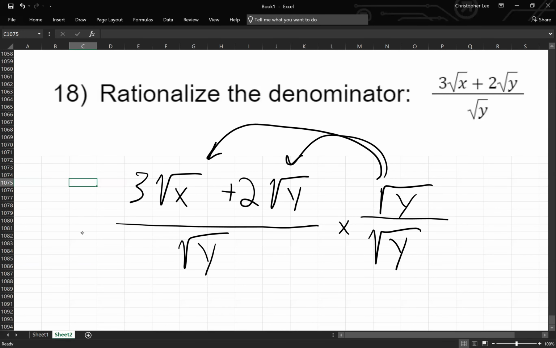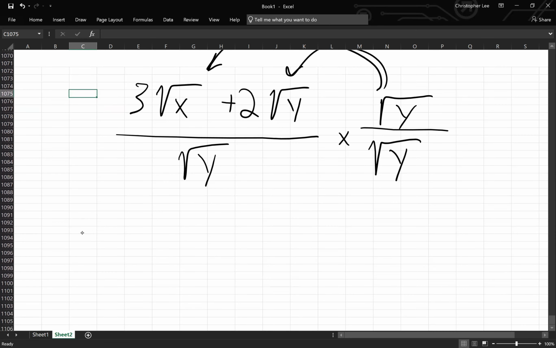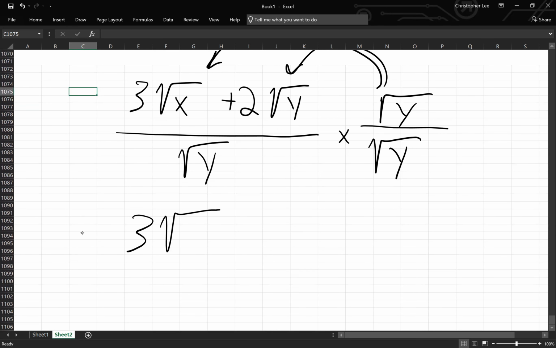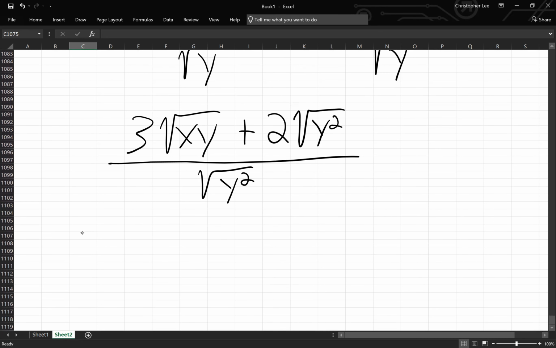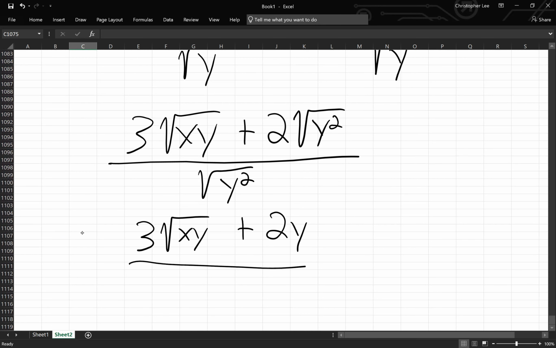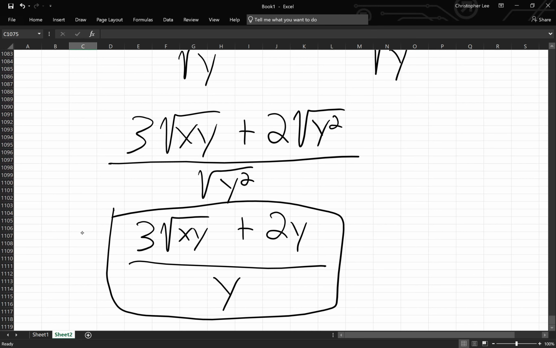On the bottom, light work. So this is 3 square root xy plus 2 square root y squared over square root y squared. So you already know this is 3 square root xy plus 2y over y. That's it. Y'all better not get that wrong.